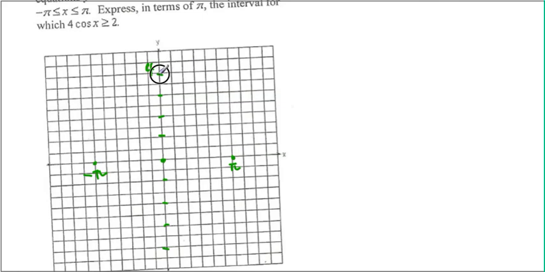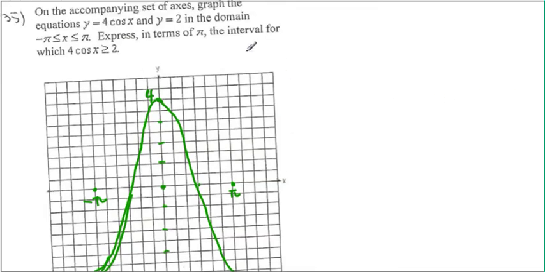So we're going to go down, and pi over 2 is when it's going to hit it. Same thing. And that's the kind of graph. With the pencil, you can sketch it a bit better.